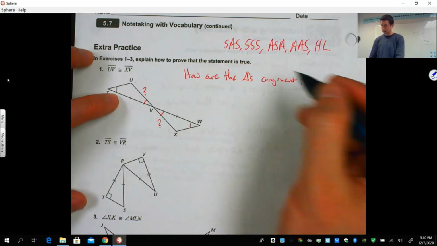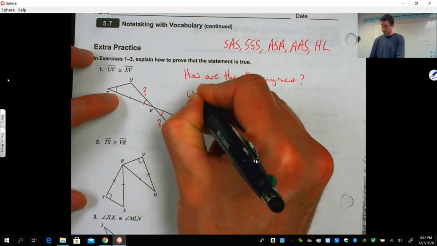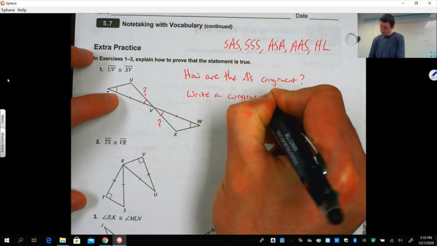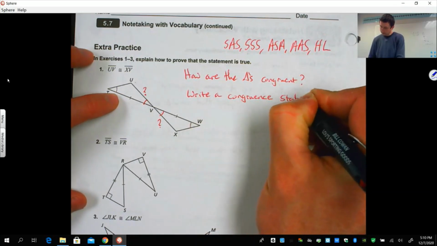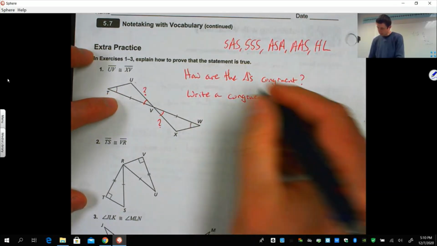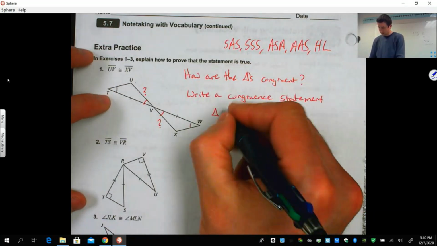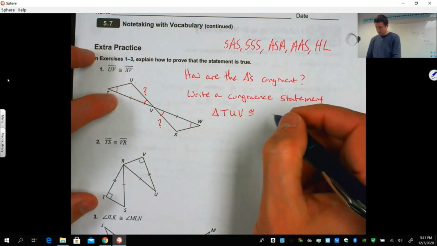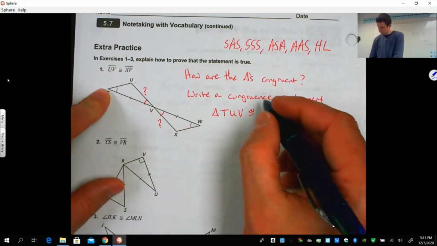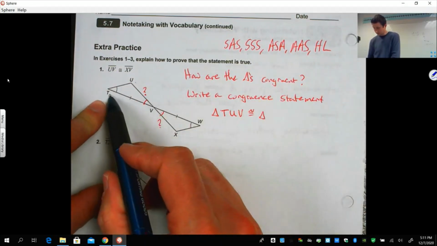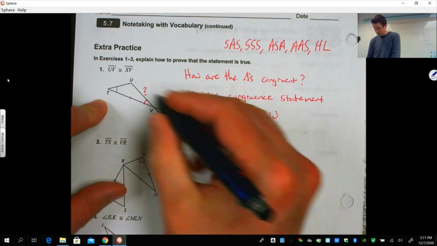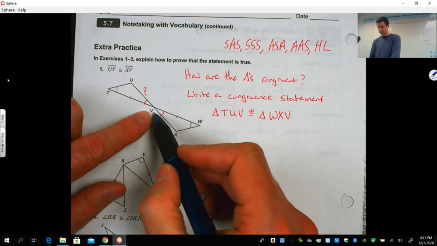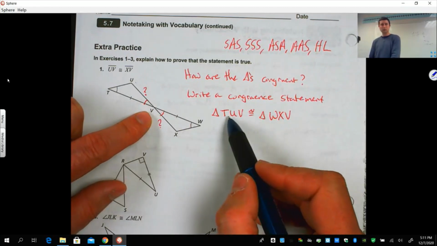So we're going to write a congruent statement. Triangle TUV is congruent to triangle, so T matches up with W, U matches up with X, and V would be the vertex angle there. Make sure the order is correct.